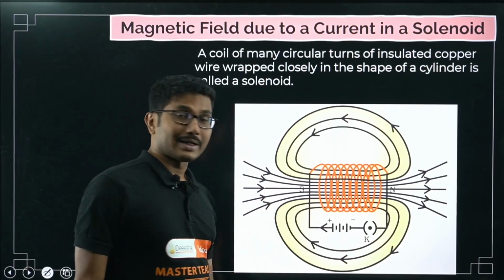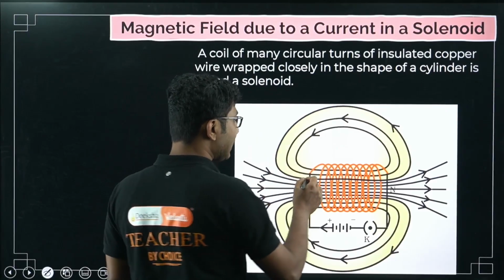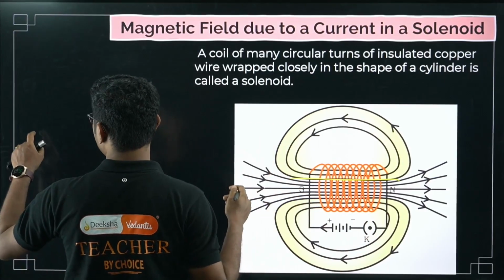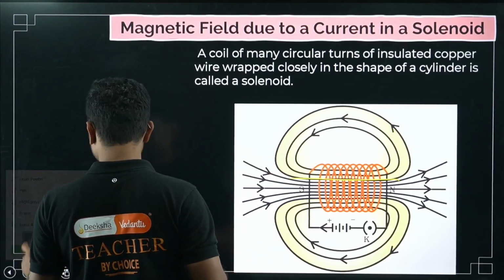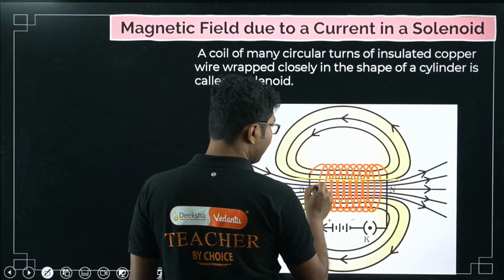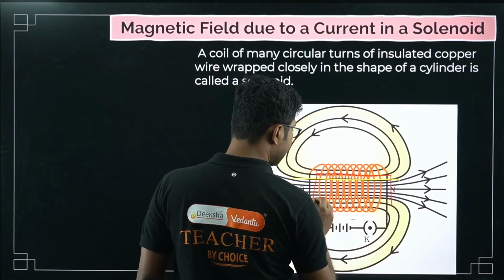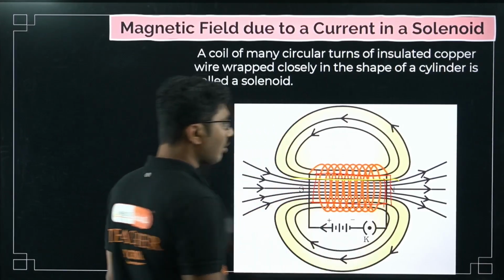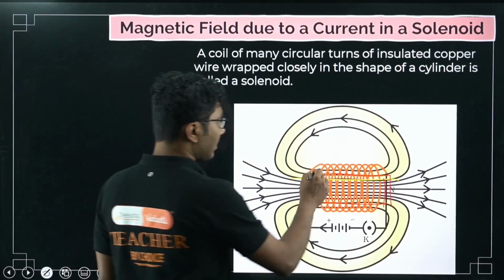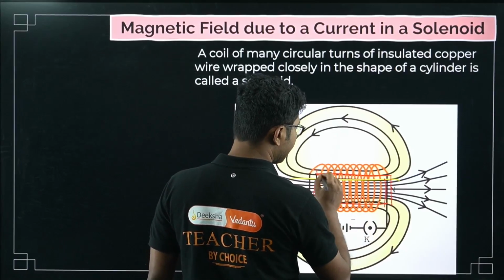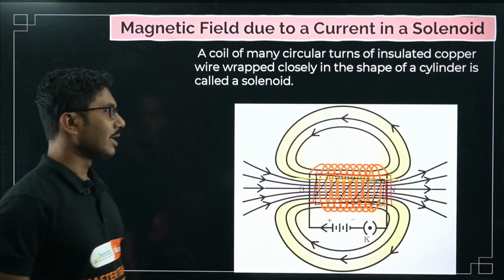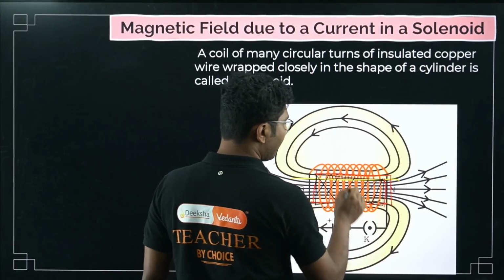Normally it will not attract anything, but if you put something in the core, the inside of a solenoid is called the core, suppose a soft iron core, then what will happen is that it will behave as a magnet, and thus the iron will behave as a magnet.